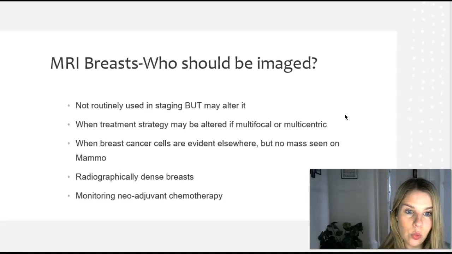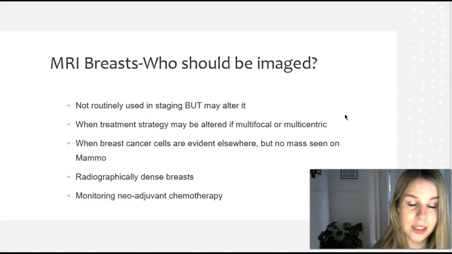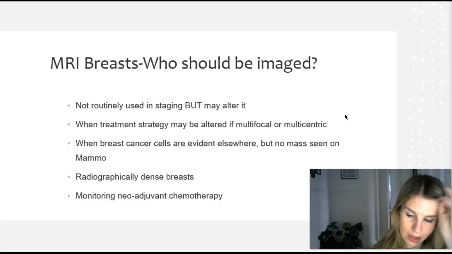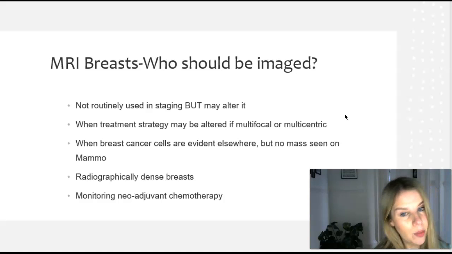And it could be that they don't see a mass on the mammogram. I know of one person that I met along the way of my diagnosis who this did happen to, and they couldn't see the mass on the mammogram, but then when they did the MRI they could see a very, very small mass.